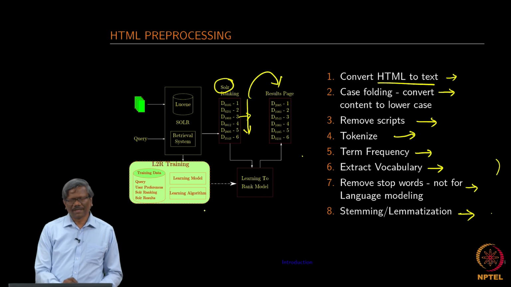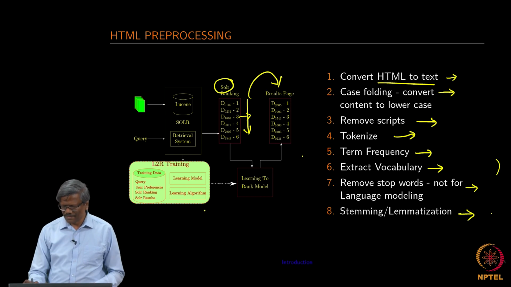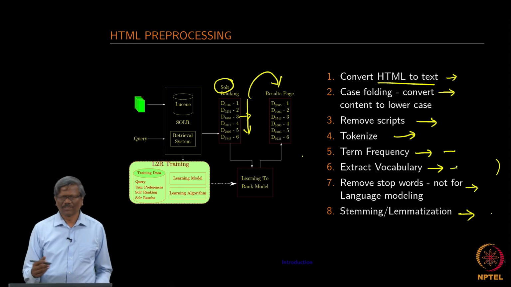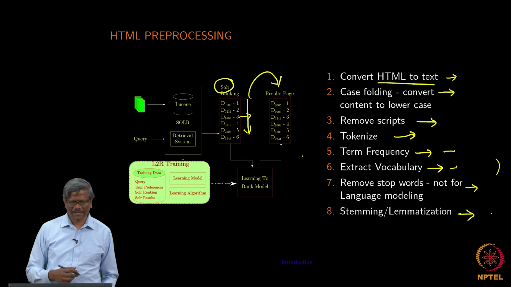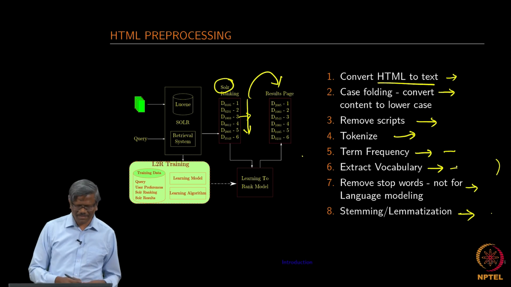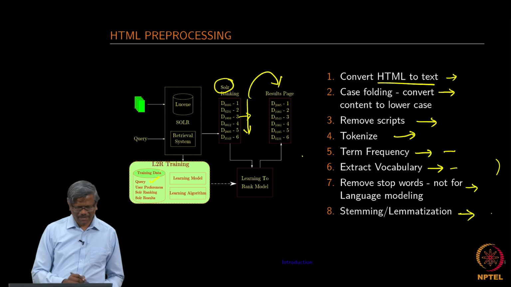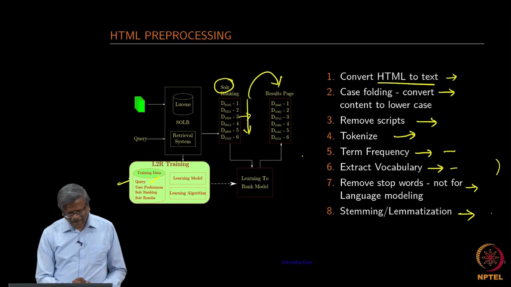So, in the learn to rank, I require all these frequency, vocabulary information, bigrams, trigrams information, and so on, in order for me to understand this, along with the query that is coming into the document, the user preferences, how many times they have clicked, and then the ranking from Solr, the results of Solr.